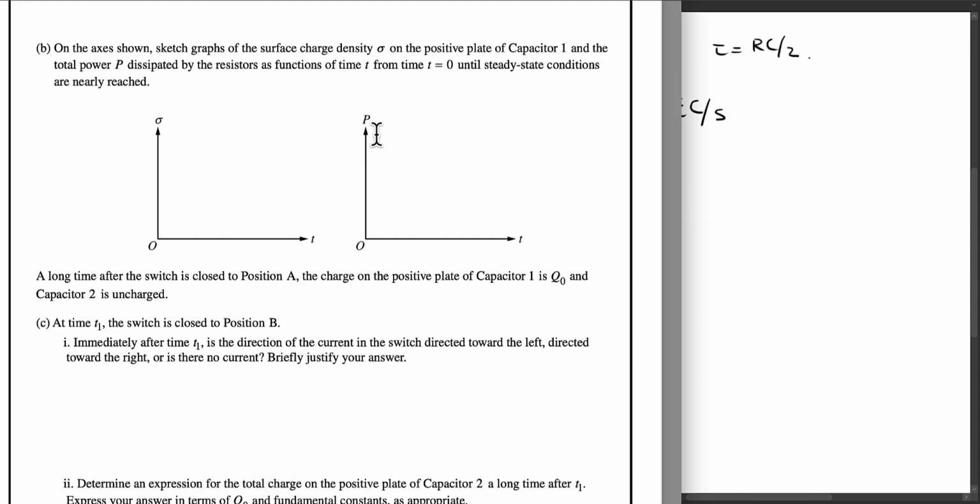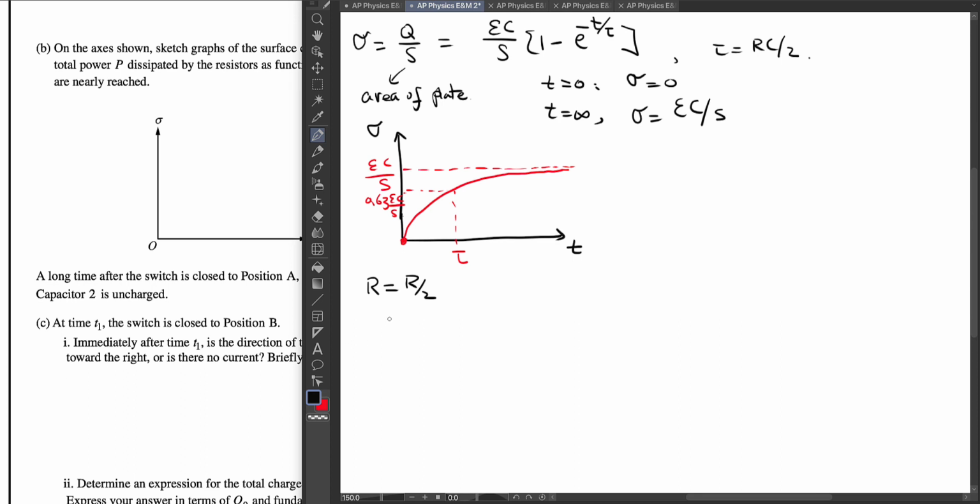Oh yeah, the total power by the two resistors. So the total resistance is R over 2, and we also know the power formula is I squared times R total. So we should know I in order to calculate the power. Now I is given by dq dt. Let's look at this derivative here.